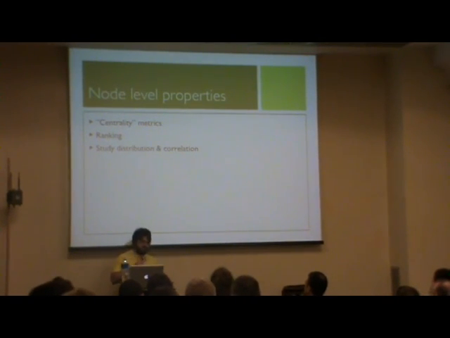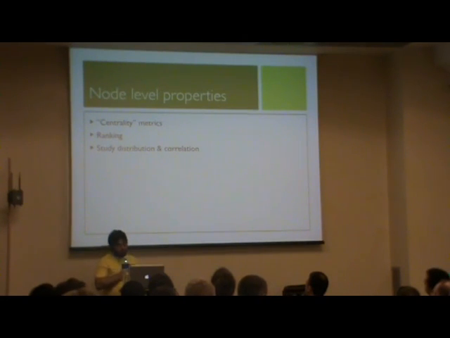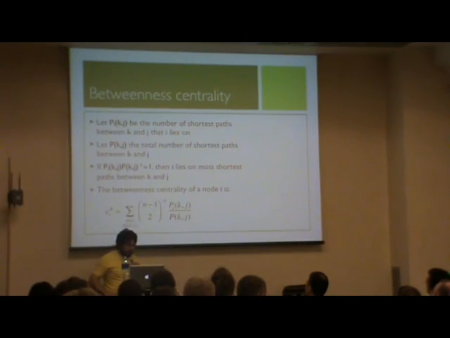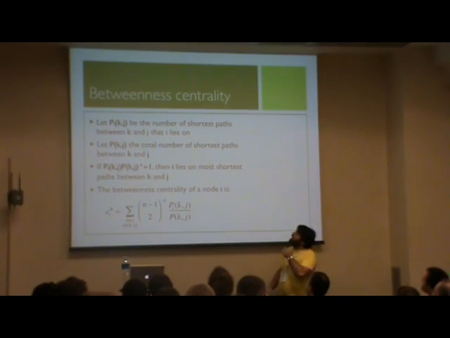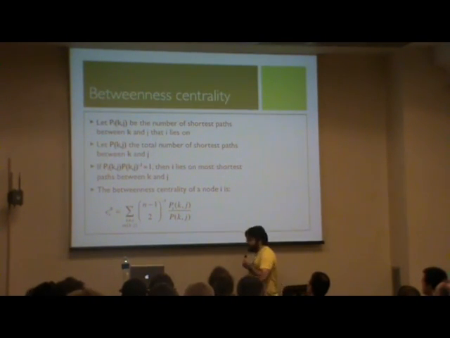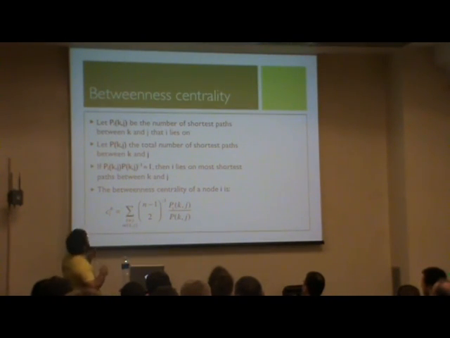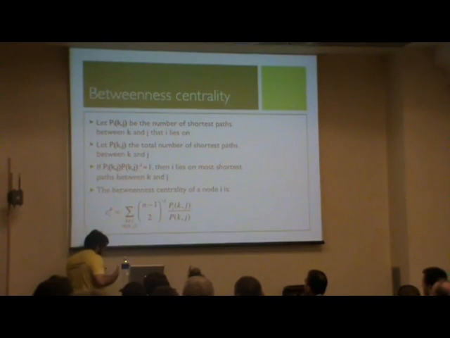We can study the distribution and the correlation of that stuff. Here is one of my favorites, that is the betweenness centrality. And what does it mean in short?